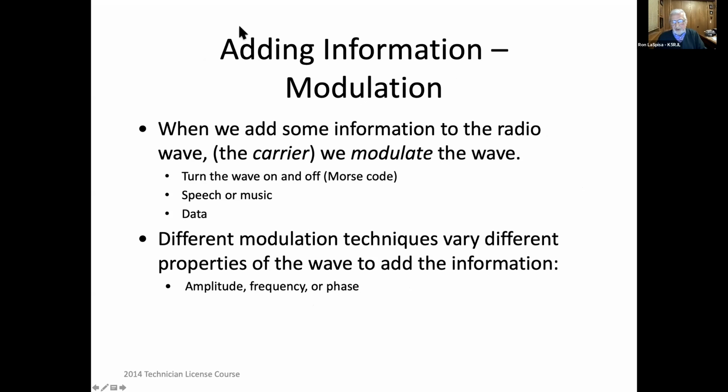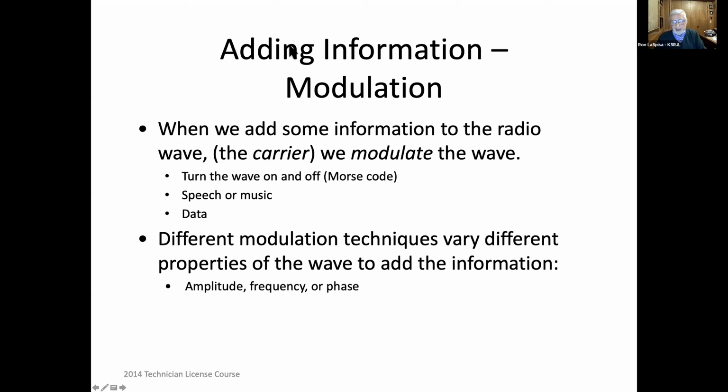Okay, now we used the word add before in the transmitter when we're adding information. Another word that has the same meaning as adding information is modulation. So that's one of the topics of our session right now, modulation.